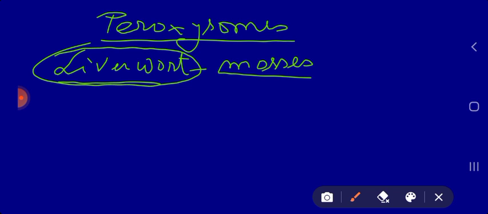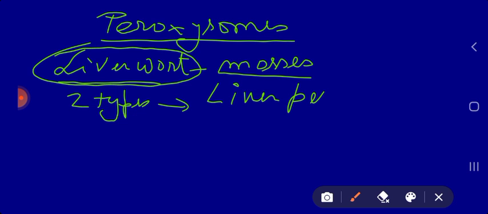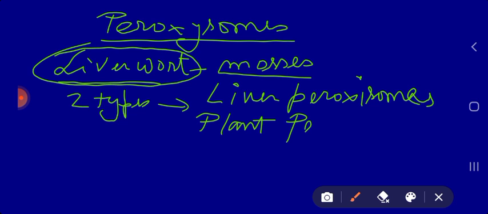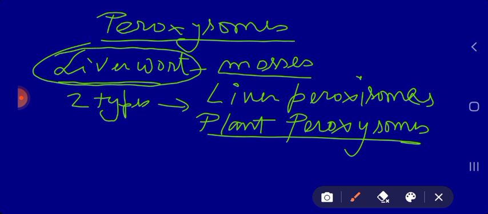Peroxisomes are also of two types: liver peroxisomes and plant peroxisomes.